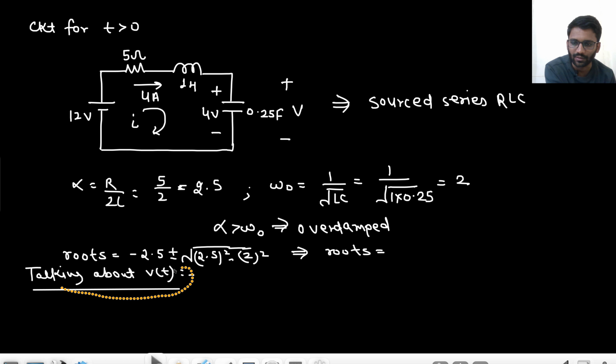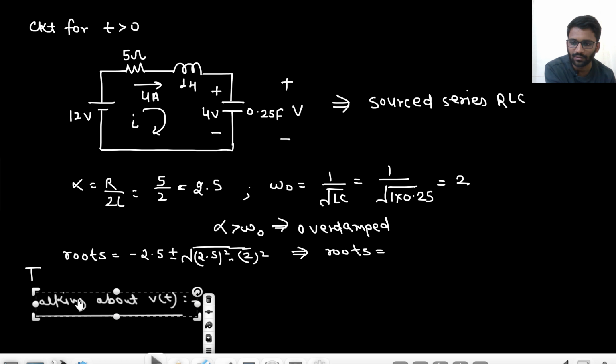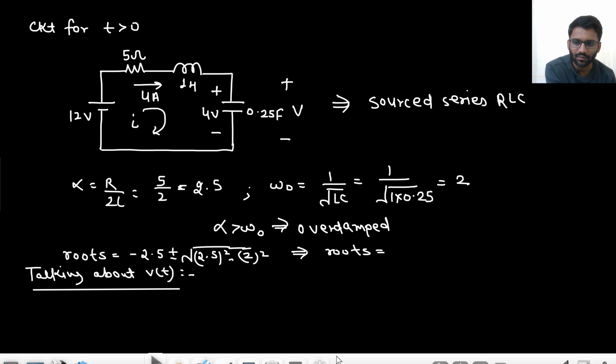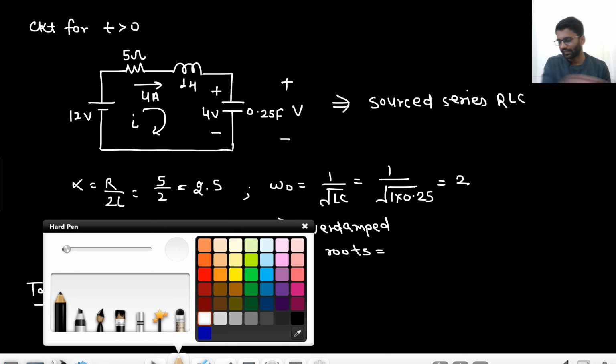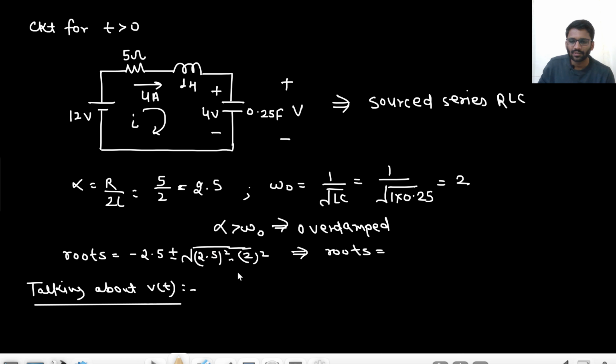First I will just take it downward. Roots you will get as 6.25, minus 4, which gives 2.25, root 1.5, so minus 2.5 plus minus 1.5, minus 1 and minus 4. So minus 4 and minus 1 you will get.